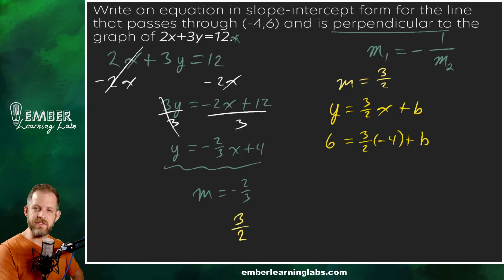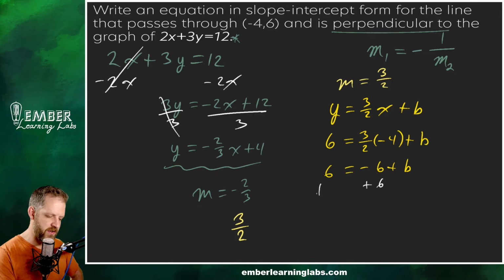So 3/2 times -4 is -6, and then bring down the 6 because we haven't touched it. Then we're going to add 6 to both sides. This one cancels. So b = 12.